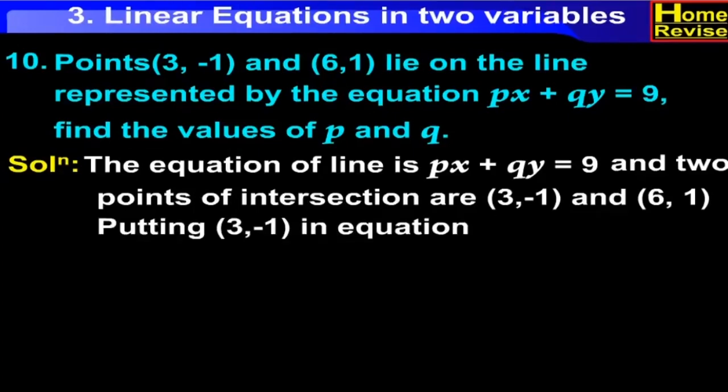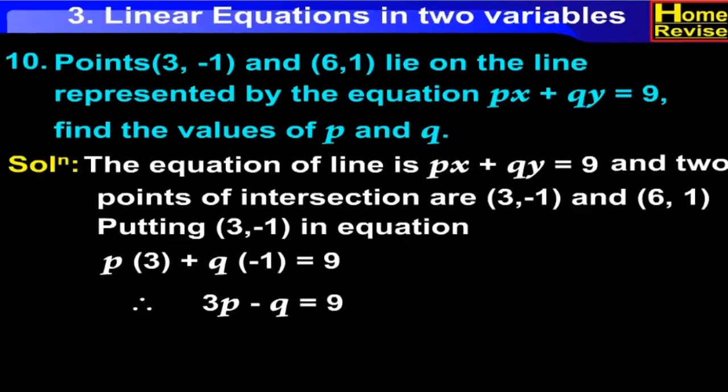Therefore, putting 3, minus 1 in the equation, we get p into 3 plus q into minus 1 is equal to 9. Therefore, 3p minus q is equal to 9. Let this be equation number 1.